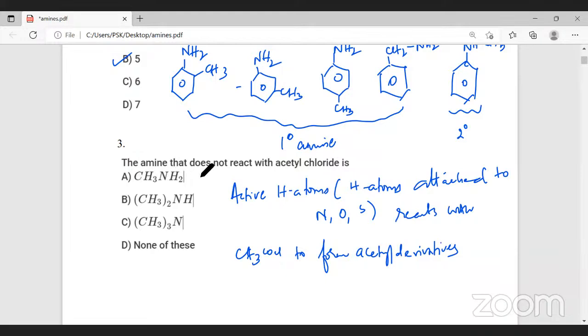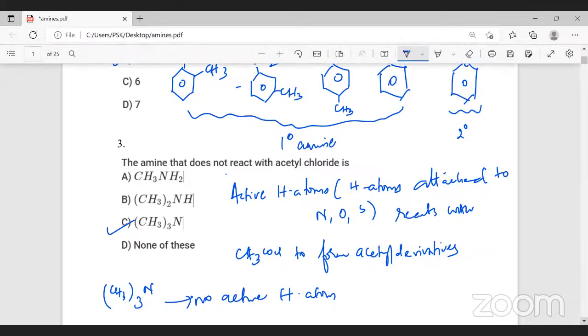Here they're asking the amine that does not react with acetyl chloride. The amine that does not react with acetyl chloride is (CH3)3N. So this molecule is a tertiary amine which contains no active hydrogen. Since no active hydrogen atoms, this will not react with acetyl chloride. Hence, the answer for this question is option C.